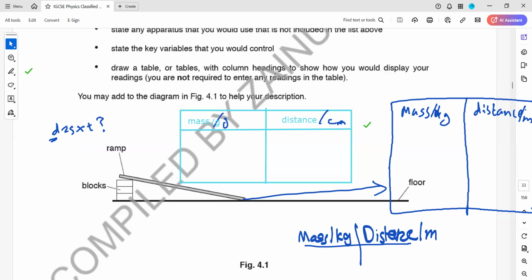Distance is speed multiplied by time, but we are not measuring a speed and the time. What we are doing is a direct measurement. If you measure speed first and then you calculate a time and multiply, this will have greater uncertainty as compared to directly measuring the distance traveled by it.